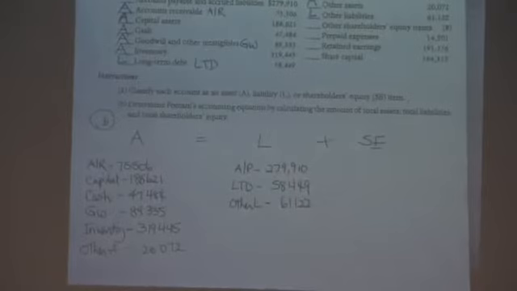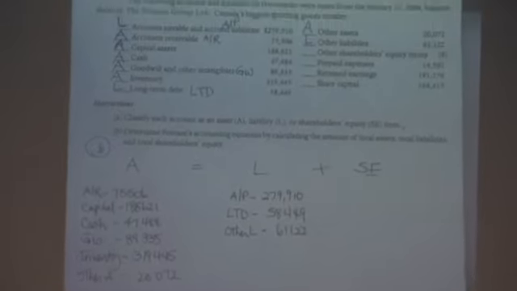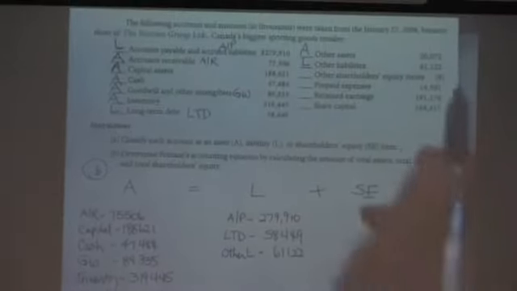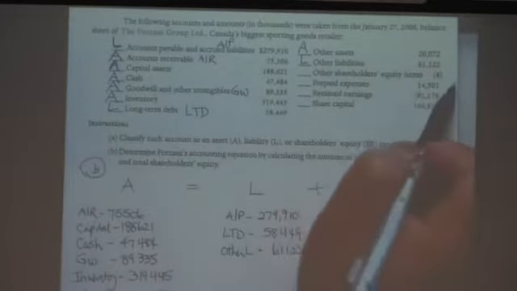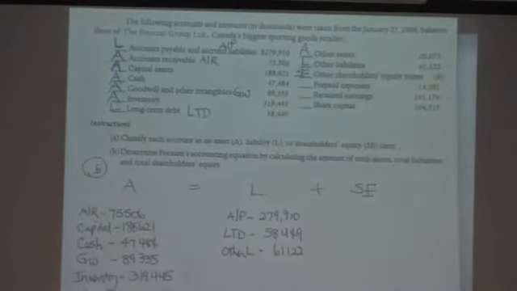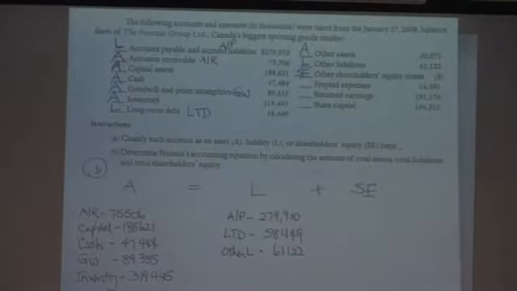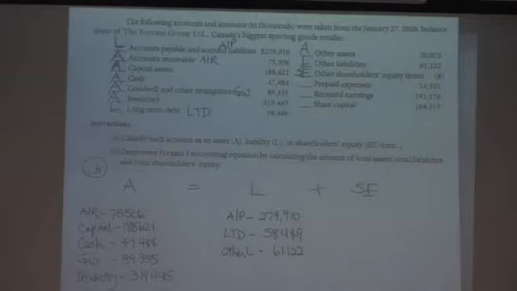Now it says other shareholders' items. Okay, so this is part of shareholders' equity, so I'll put SE beside them. And other shareholder items could be anything that relates to profit, relates to a dividend, for example, are examples of what we call other shareholders' equity.